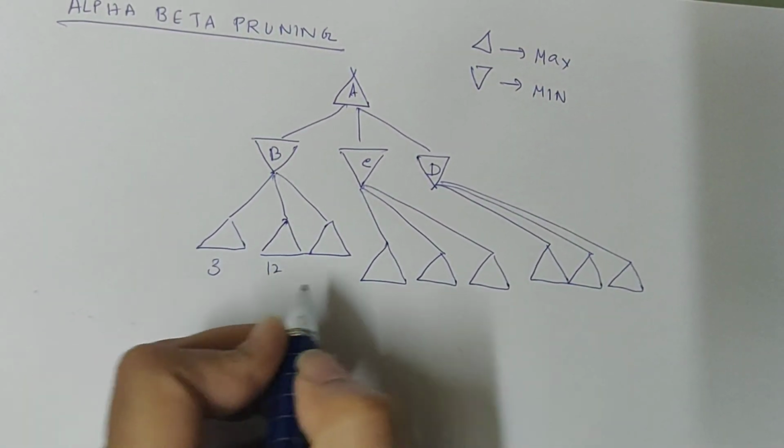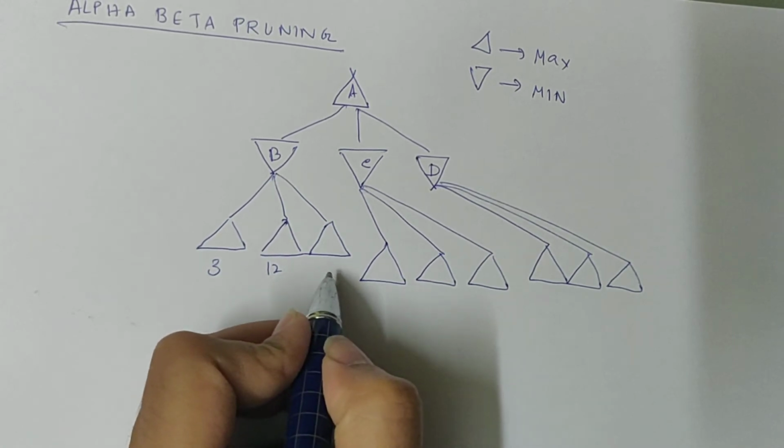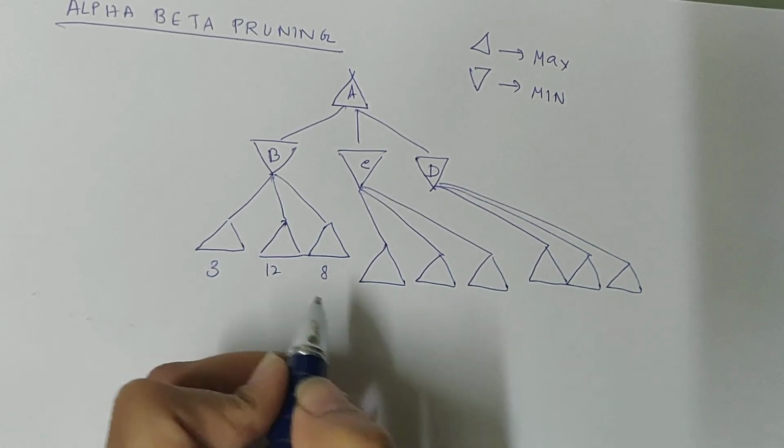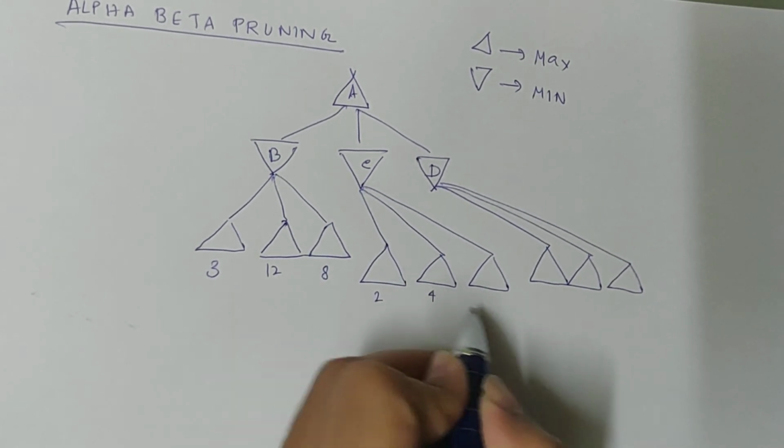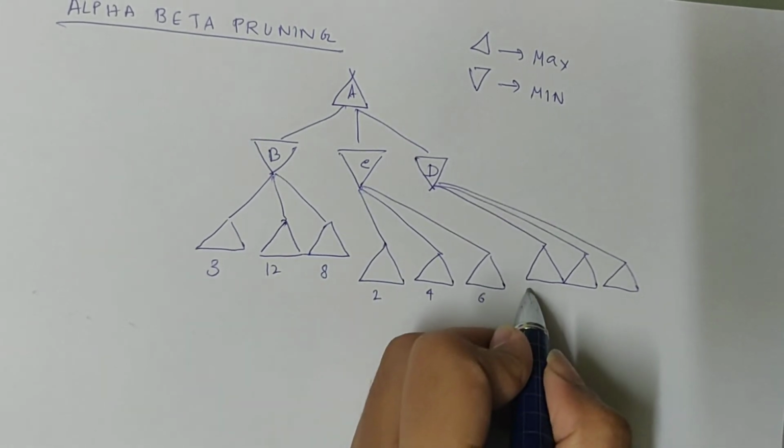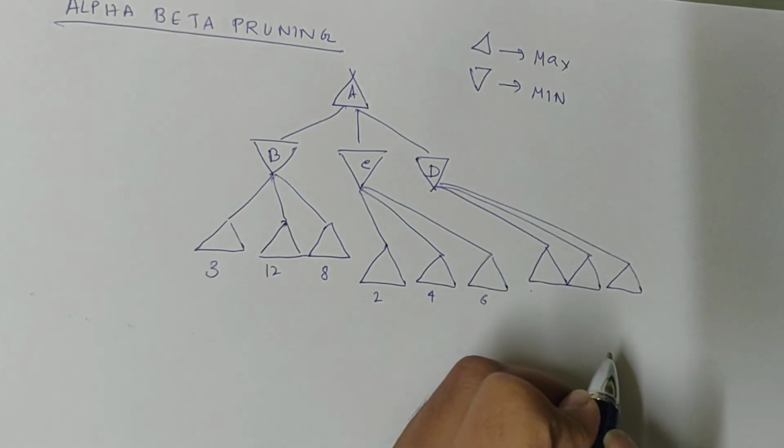Let us assume either they are leaf nodes or some eval function has given them these values without going up to a leaf node.